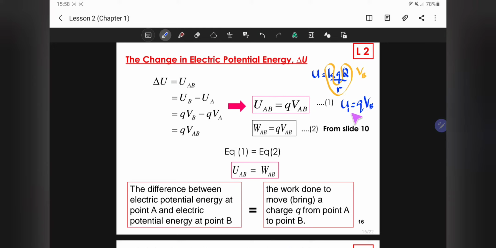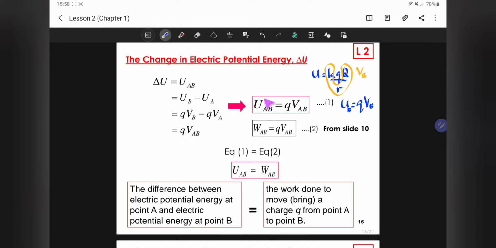QVB, that one is UB. Still the same for A, UA equals QVA, based on the equation of potential energy before. Alright, so UAB equals QVAB.